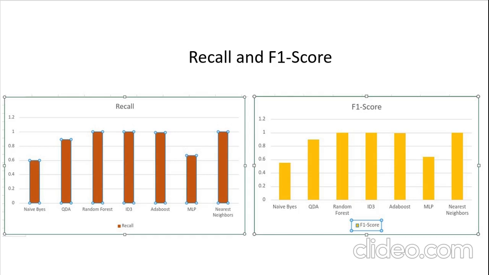Naive Bayes and multilayer perceptron show decent performance but lag behind in both recall and F1 score. QDA, that is quadratic discriminant analysis, and AdaBoost continue to stand out as strong performers, achieving high scores in both recall and F1 score.